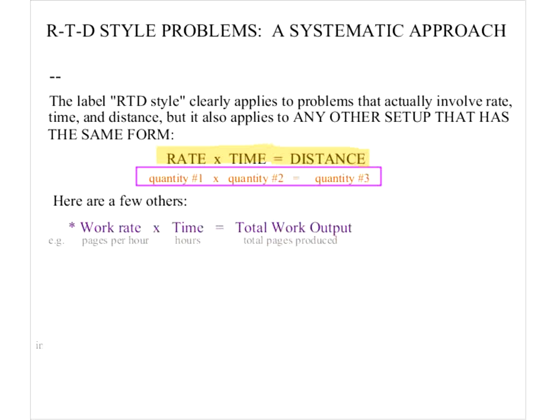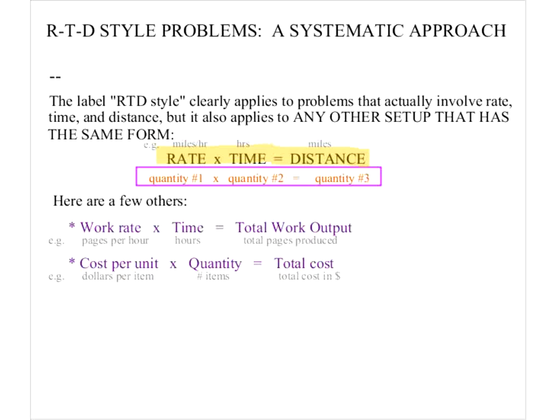Another example, which is the next one cited by a lot of you, is cost per unit times quantity equals total cost. So dollars per item times number of items equals total cost. What we're missing here, which we can go ahead and add in, is sample units for rate times time. For instance, this could be something like miles per hour times hours equals miles. That's an example.